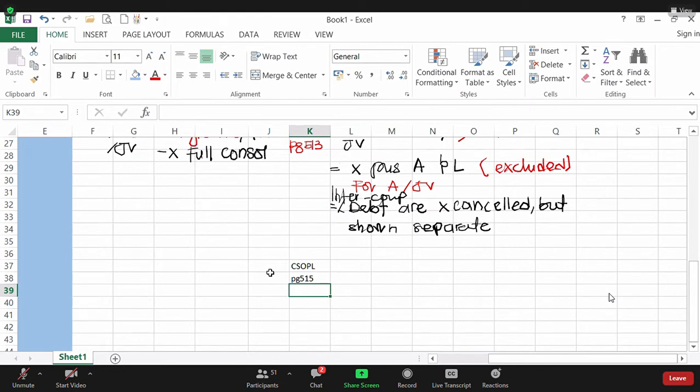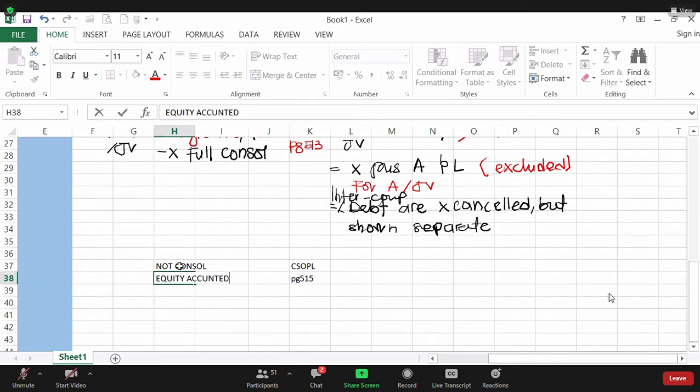The statements of profit or loss of the associates and joint ventures are not consolidated but are equity accounted, where the group comprises the parent, subsidiaries, associates, and joint ventures.